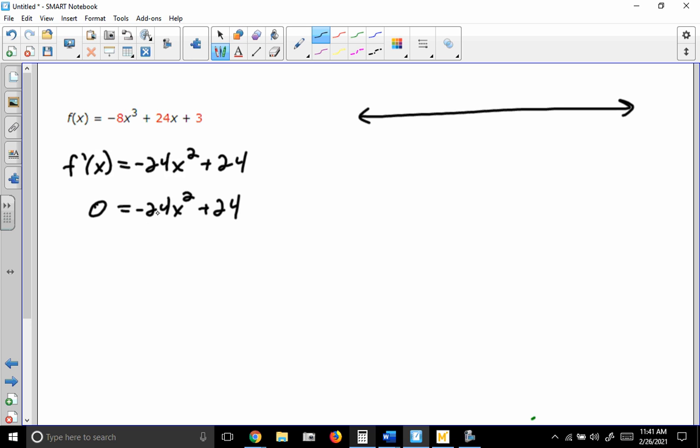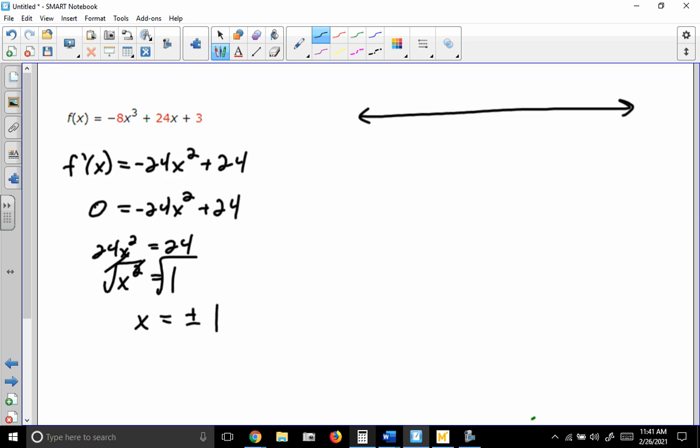So we can add 24x squared to both sides. We can divide both sides by 24. And if we take the square root of both sides, remember when we take a square root, we have to include plus or minus. Now there are other ways we could have done that.